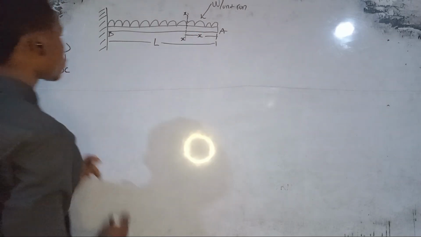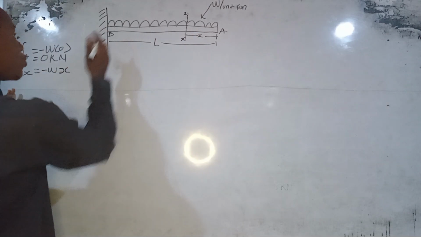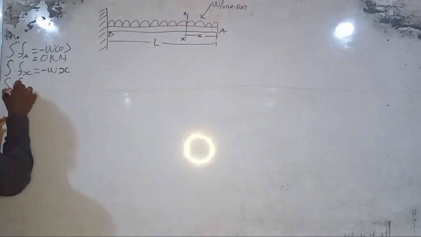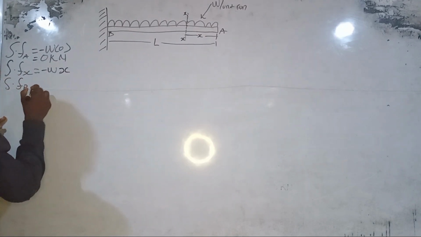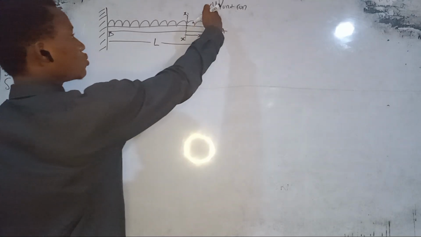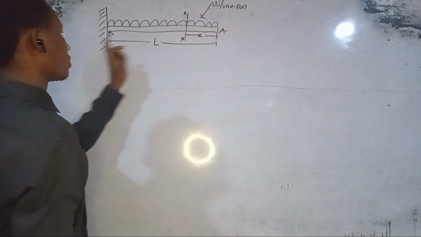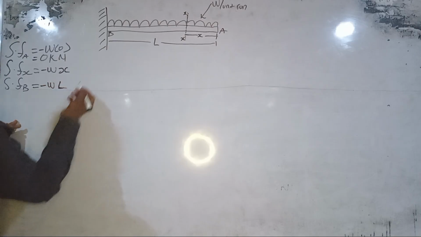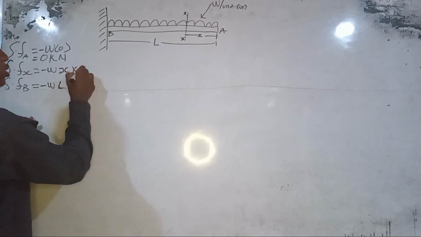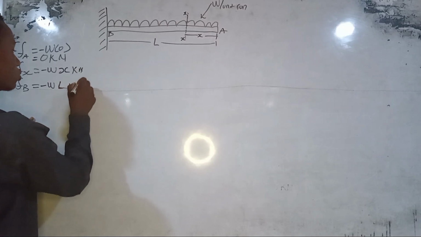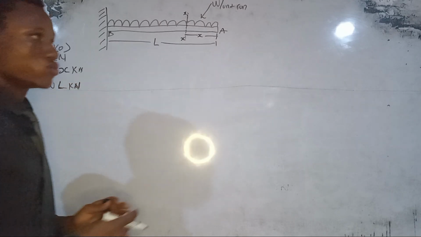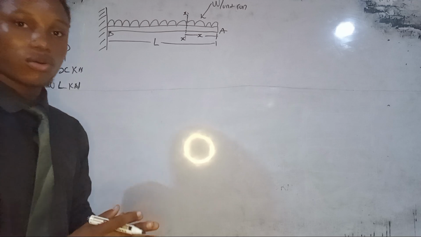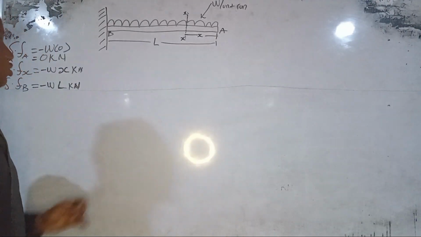Then the shearing force at point B equals minus the load times the total distance, which is minus W times a. Everything is given in kilonewton, but it can also be in newton. It is mostly given in kilonewton.